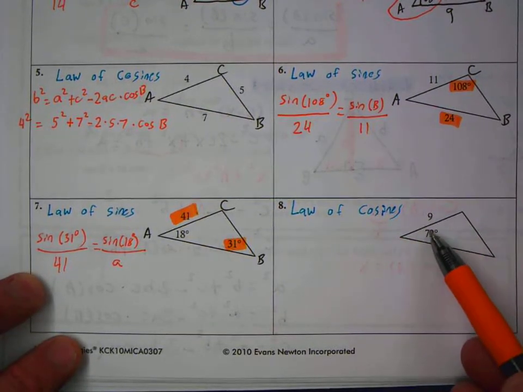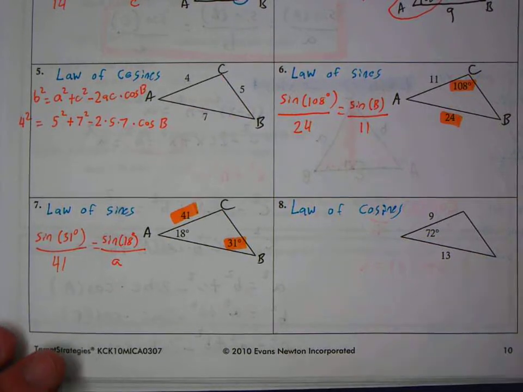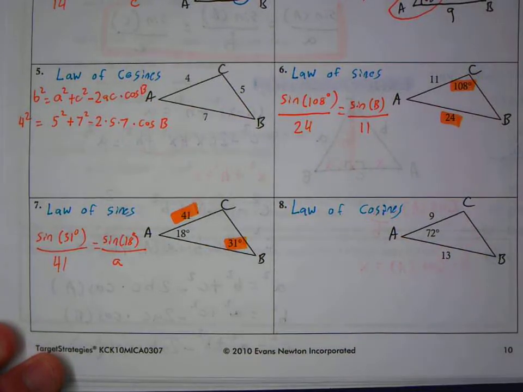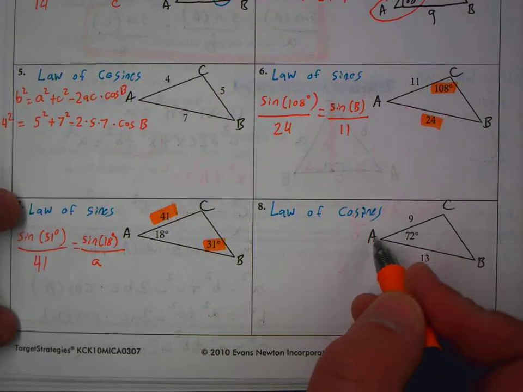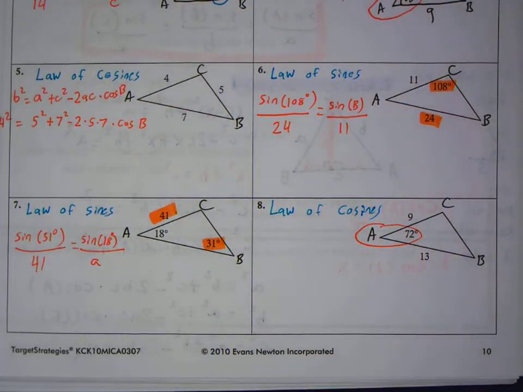And then one more. Side angle side. And again, if you want to make this be A, B, and C. We know this. So we're going to use the one that has cosine of A. Cosine of A would be what? Little a squared equals b squared plus c squared minus 2bc times cosine of A, right?